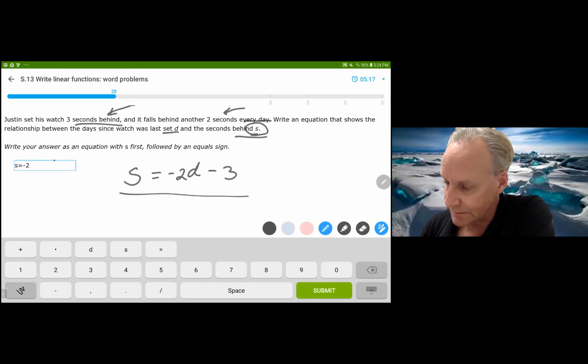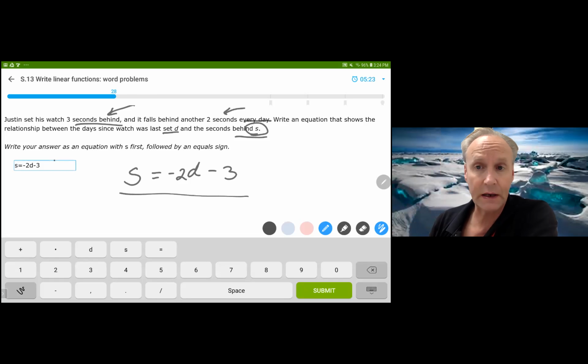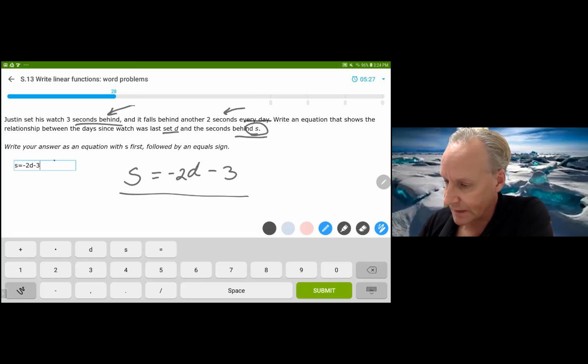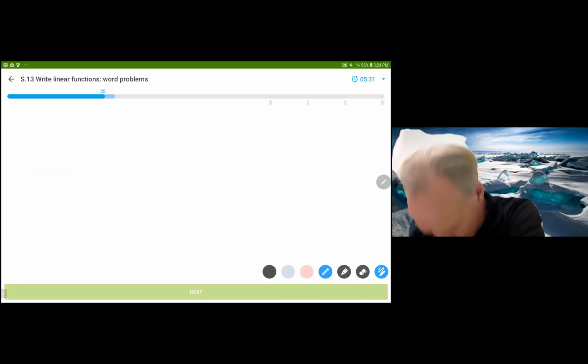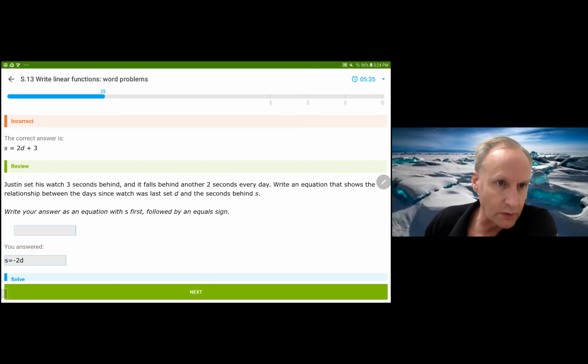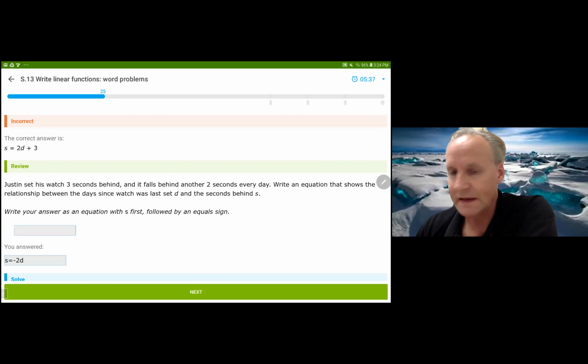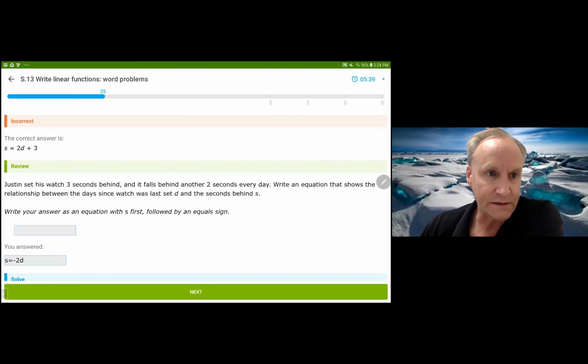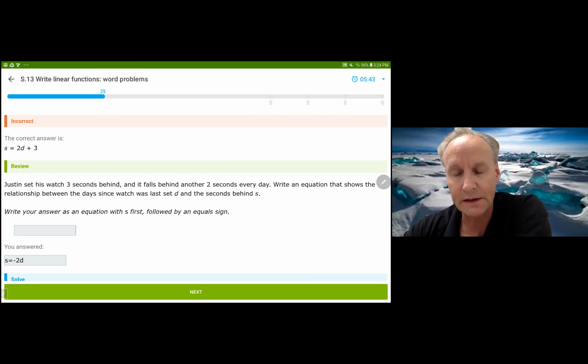Depends on the sense that you're thinking of it as. If you're thinking of the number of seconds that he's behind, it won't work. Now, the second mistake is that if you notice, I put the negative right next to it. You actually have to divide it up. Oh, sure enough. Okay. So what they did was they thought of these as time that the watch is behind.